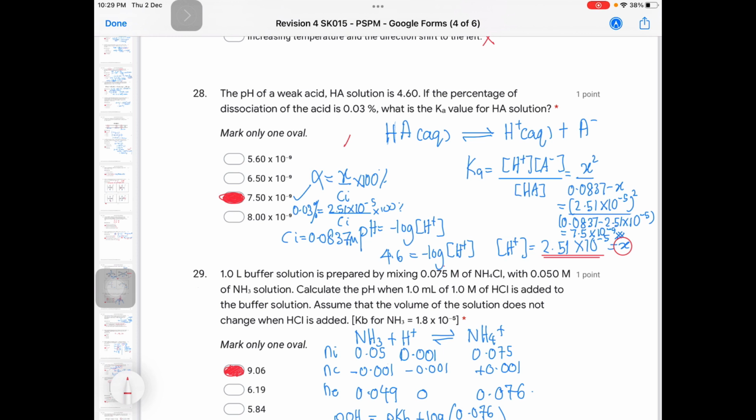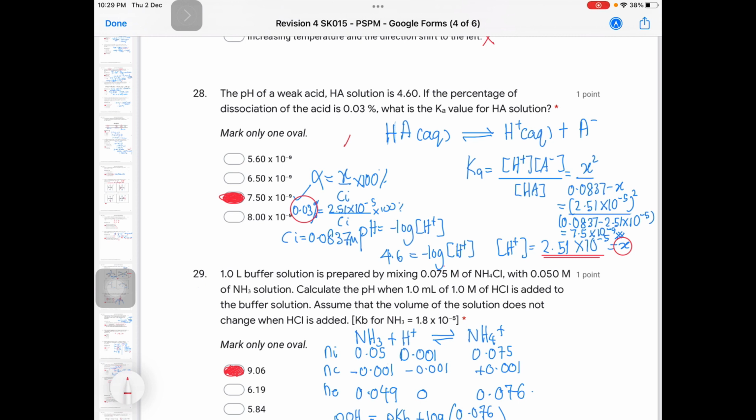Okay, and then untuk kita cari concentration at equilibrium pula. Mula-mula kita kena cari C initial. C initial kita tak tahu, tapi kita tahu change kita iaitu X. X kita adalah bersamaan dengan 2.51 × 10^-5. Jadi alpha kita tahu 0.03, kita ganti masukkan nilai alpha.